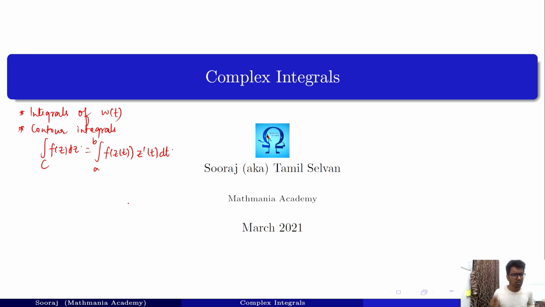Okay. So this contour may be in any form, and we have seen a few more results. That is, to estimate the value, to find the upper bound of the integral value, we had the ML inequality. Then we had Cauchy's theorem, and this theorem tells you that the integral over a closed simple contour of any analytic function is 0.